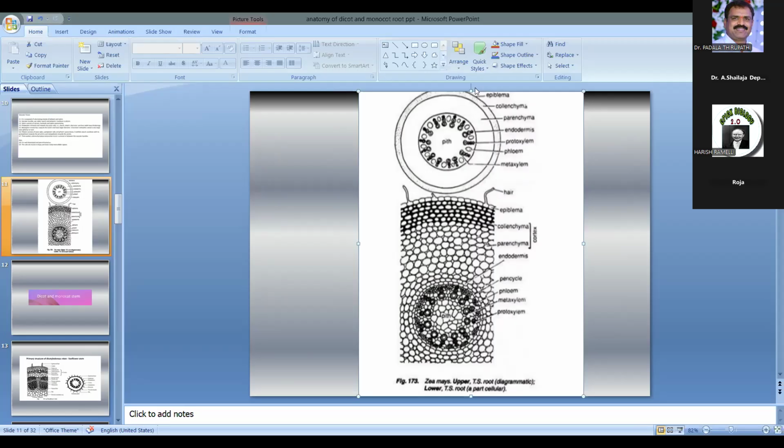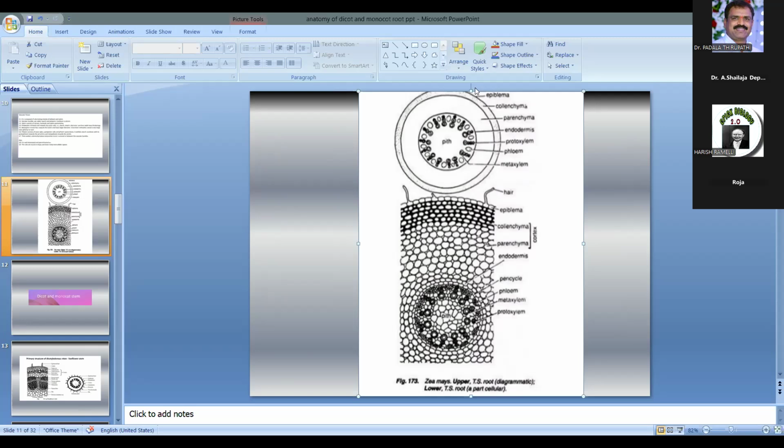The cells of the velamen are quite big and contain air and water. The cell walls develop fibrous thickenings, and the velamen acts as a protective layer and reduces the loss of water from the cortex. That is the velamen, present in monocot roots. See here, this is an example of the Zea mays root structure.